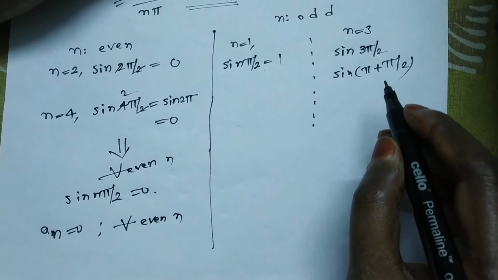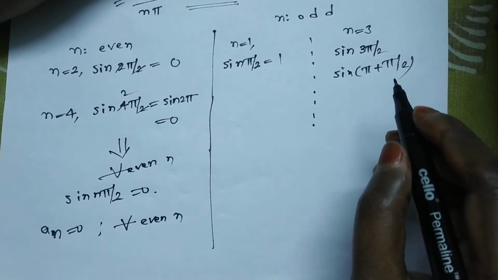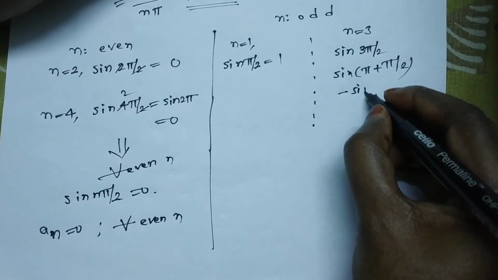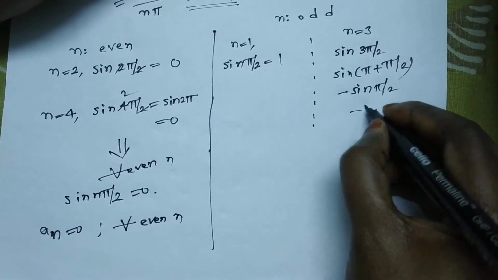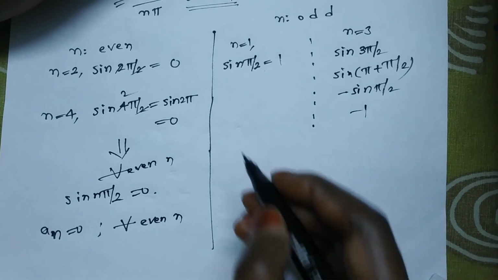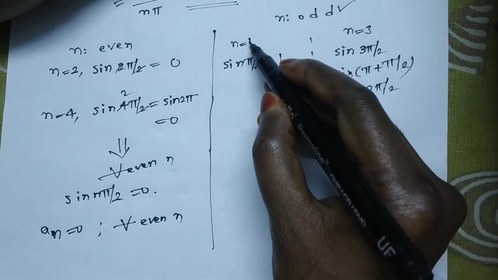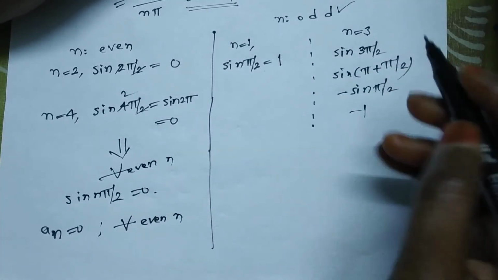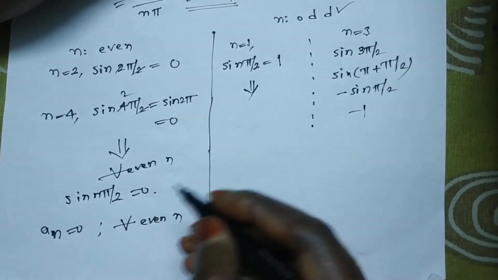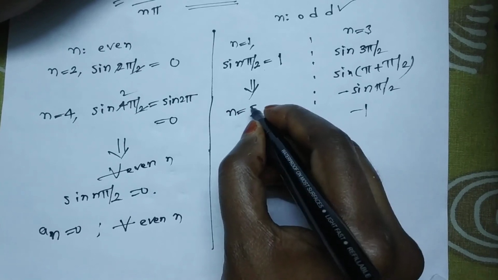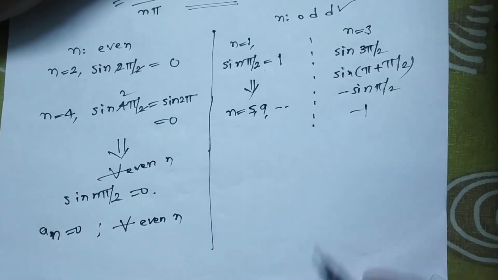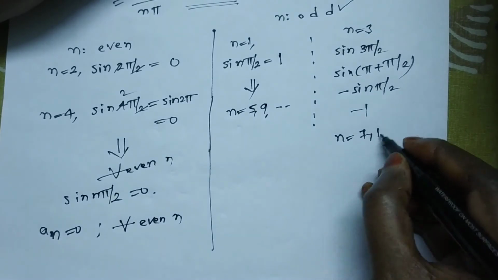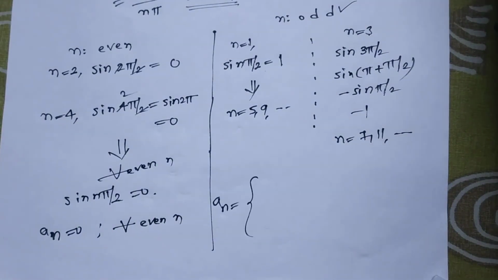In the third quadrant, only tan and cot are positive, the remaining are negative. That is minus sin pi by 2, which is minus 1. For n is equal to 1, I got 1. For n is equal to 3, I got minus 1. This will be repeated for n is equal to 5, 9 and so on, and for n is equal to 7, 11 and so on.